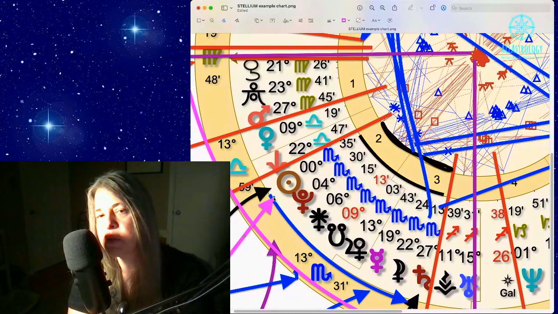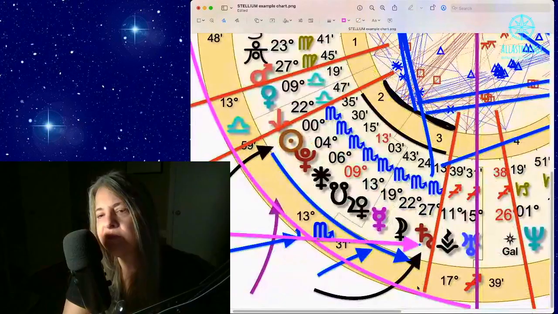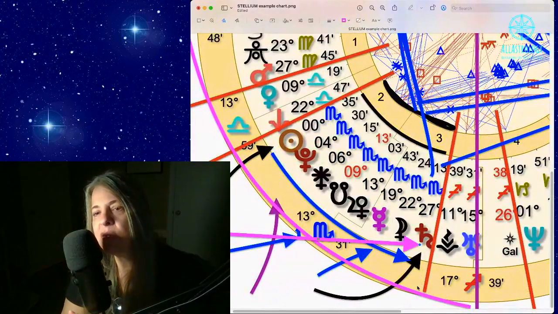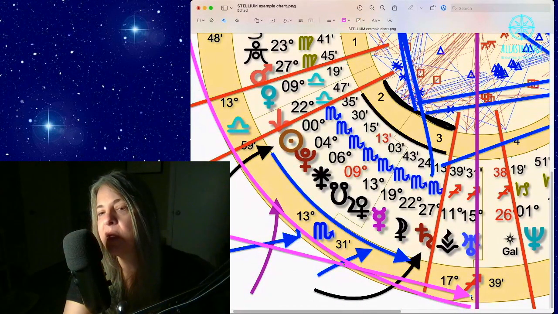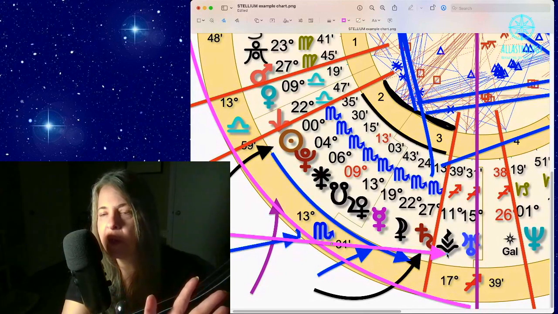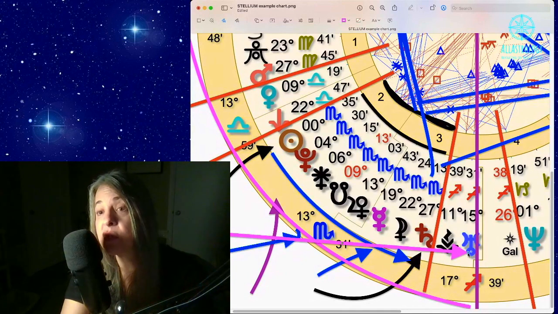We'll go right to their sun, 3. Pluto, 4. Juno, 5. South Node, 6. Mercury, 7. Saturn, 8. And I didn't even include the Sagittarius energy, which is their fourth house. This is technically the fourth house cusp line right here. So there's Vesta, which we won't count, but we'll count Uranus for sure.